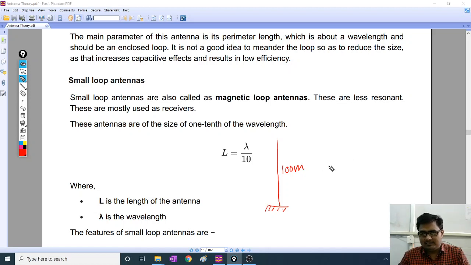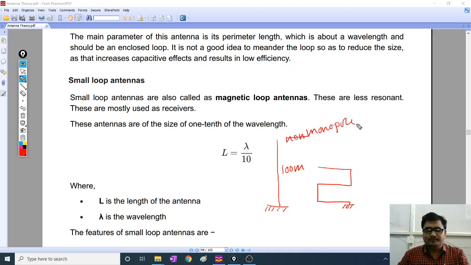And now I have this antenna, which is also a monopole. Look at this, the first is 100 meters.